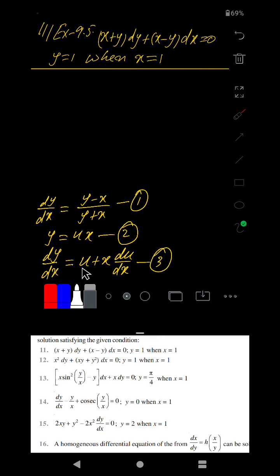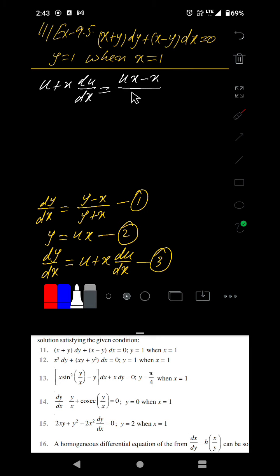So with the help of equations 1, 2 and 3, we may write on the left u + x du/dx, and on the right hand side in place of y we write ux. So we have ux - x over there, and in the denominator ux + x.